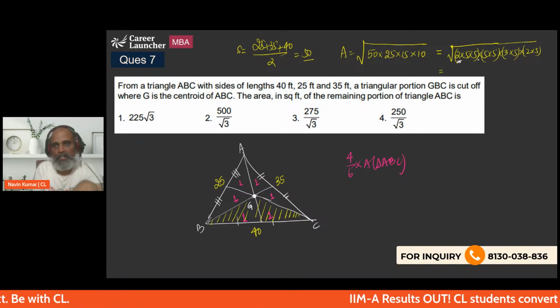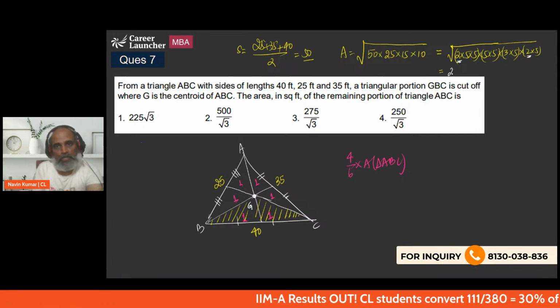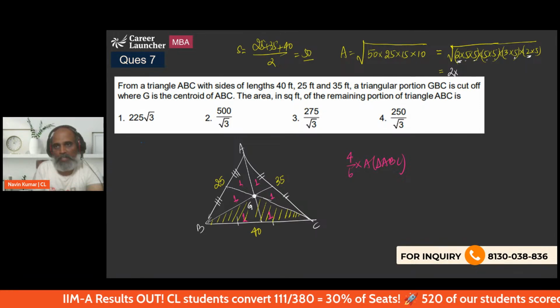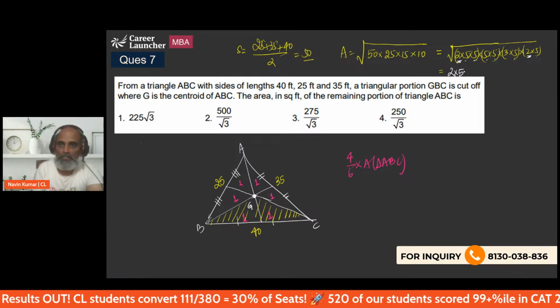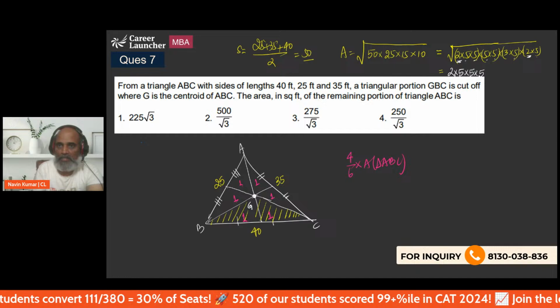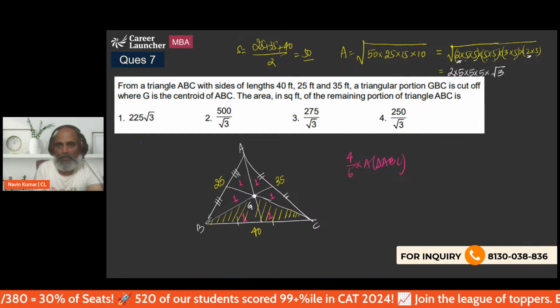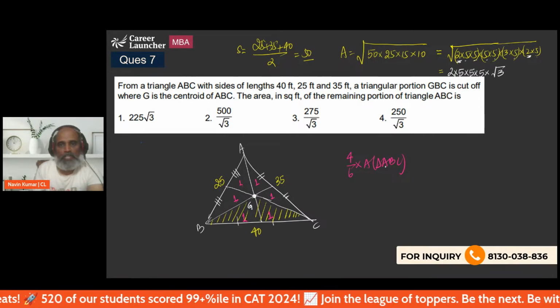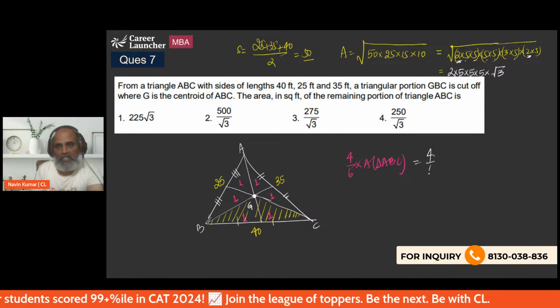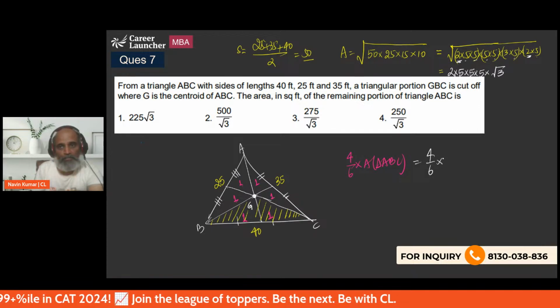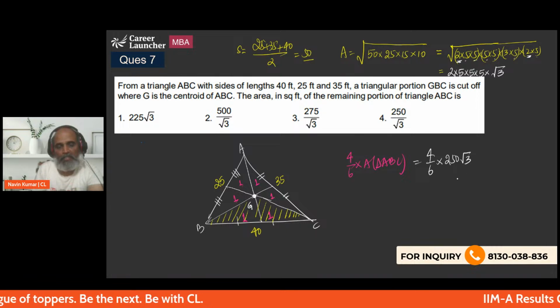We have 2 2s, 8, 2 2s, so a 2 squared comes out. We have 6 5s, that means 3 5s will come outside. And then we are left with 3 only, right? So the area of the triangle ABC is going to be 25 into 10, which is 250 root 3.